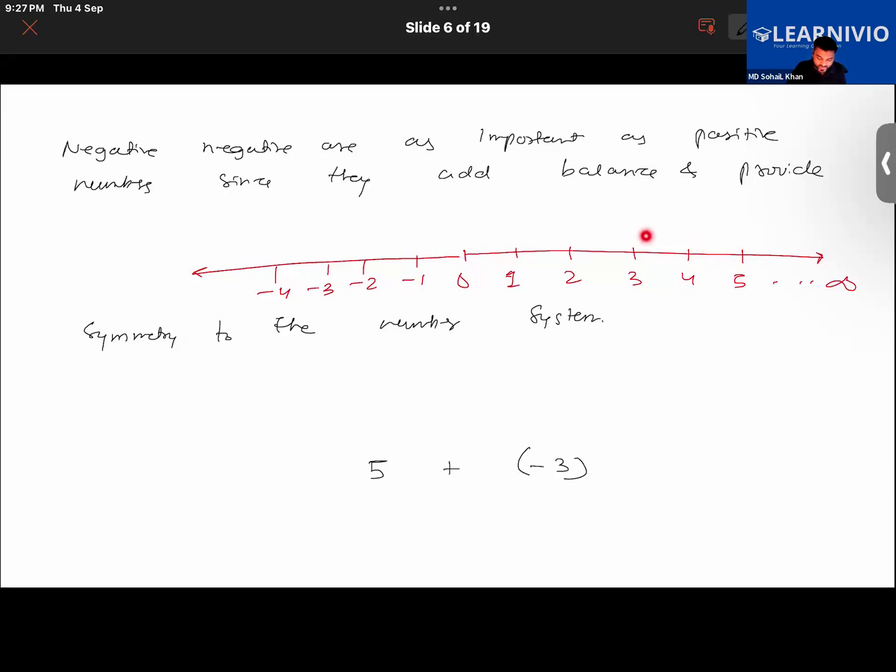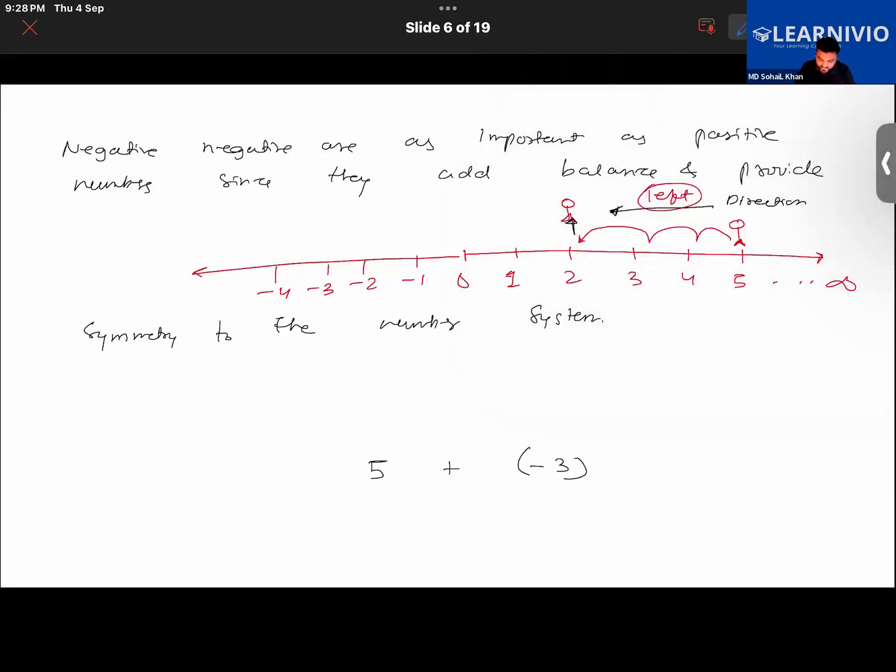So 1, 2 and 3, hence you get to 2, and the answer is 2 here. You were at 5, you took 3 steps in the opposite direction and now you are at 2. Getting it? Adding a negative number means that you move towards the left side on the number line.